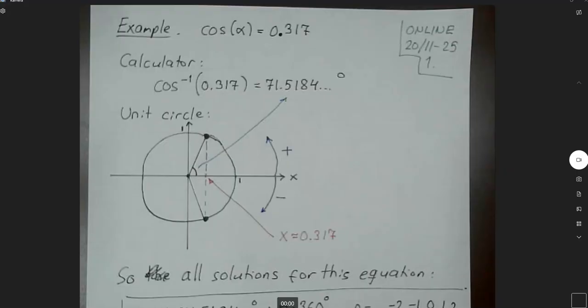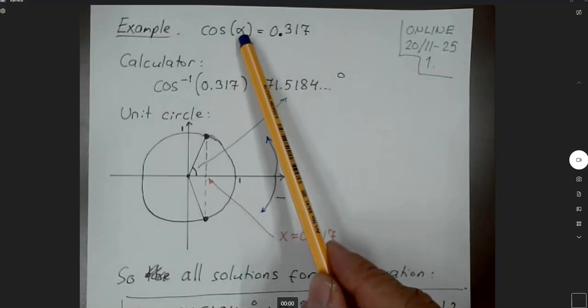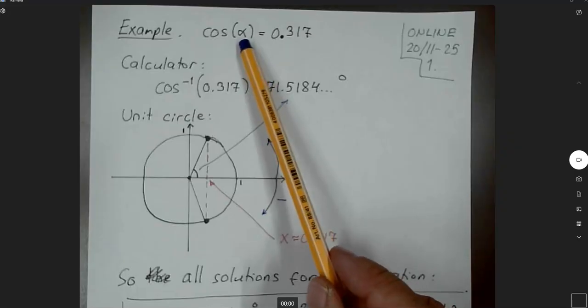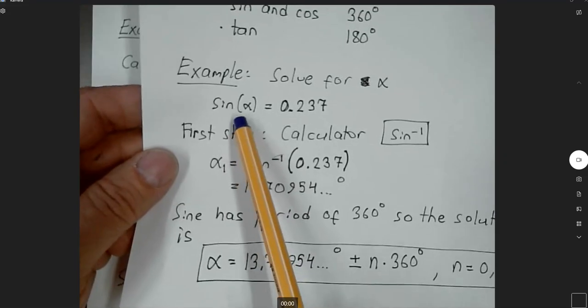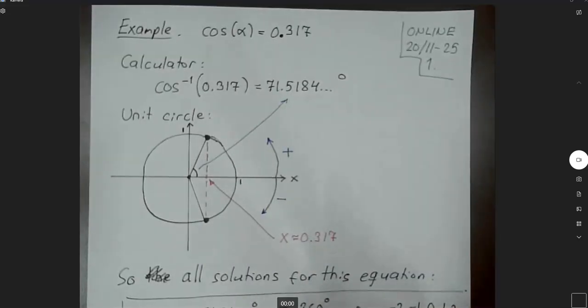So that was the cosine equation, and let's take the last one, or it is not the last one, but the last of these three simple equations, where we have the unknown only in this form, alpha inside the cosine. Inside of cosine there was only the simple angle alpha, and also here in this sine equation we had only the simple alpha inside the sine.